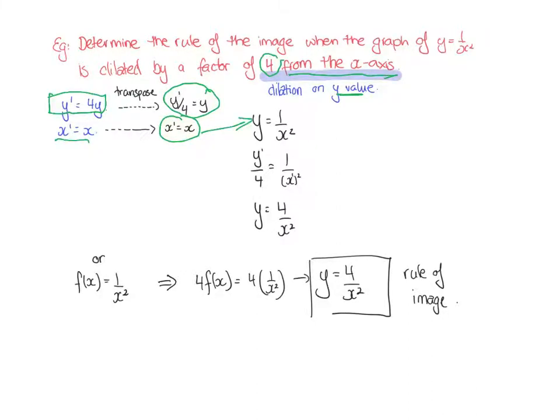And we see that y over 4 is 1 over x squared. We just want to move this so y is by itself, so it becomes like that. If we remember the old rule, the whole function times 4, we get to the same answer. But as I said, doing it this way will help us later on.